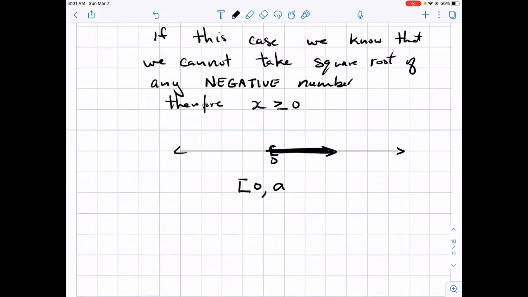So from 0 to infinity, that will be the domain. And this is interval notation. So you have to be able to look at these functions and identify the domain. We're not going to look at the range at this point, but at least you should be able to identify the domain of the function.